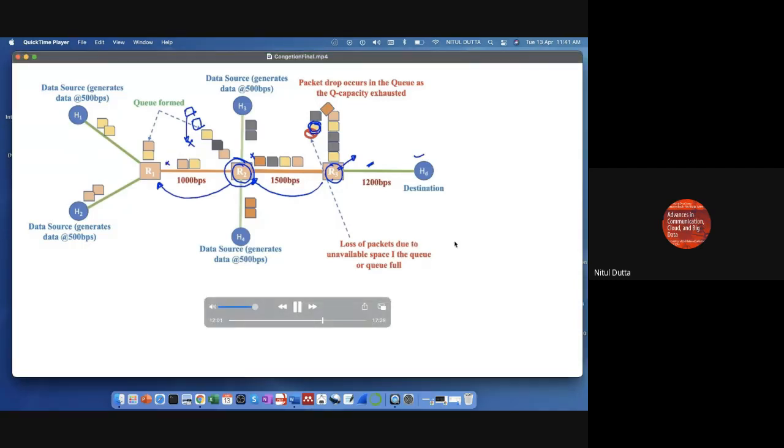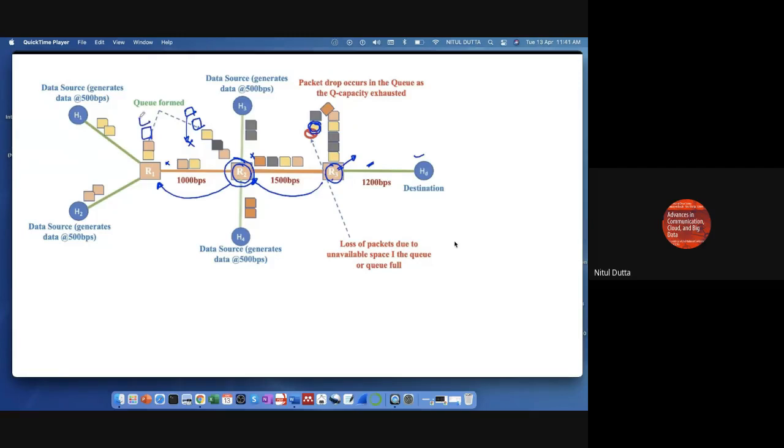Similarly, if R2 obeys the instruction given by R3, it will stop forwarding packets to R3 and will start queuing the packets in its own queue. The same thing will happen here: once the queue is full, the packets will be dropped. Again, R2 will inform R1 to stop the packet transmission, and R1 will start queuing packets in its queue.